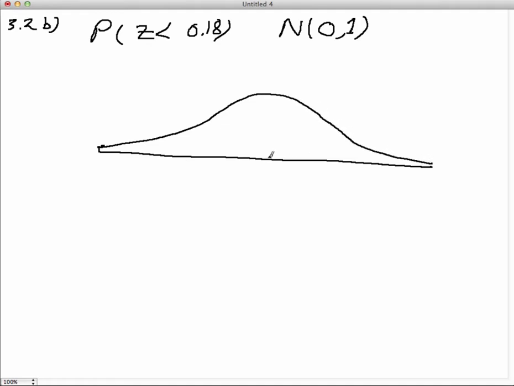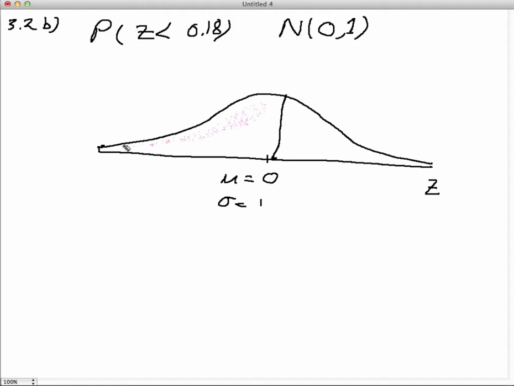So we know that mu is equal to 0, and we know sigma is equal to 1. This is our z-axis right here, and they're looking for z's less than 0.18. So 0.18, that's going to be about there. And so let's go ahead and shade in the part that we're looking for.